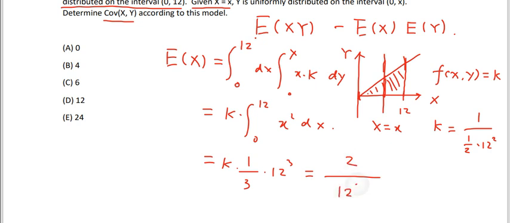This is k, right? Saying 1 over 3, 12, 3. So then we can cancel 12, and here cancel this. So x, we find this equals 8. Then find y. Then find x, y.